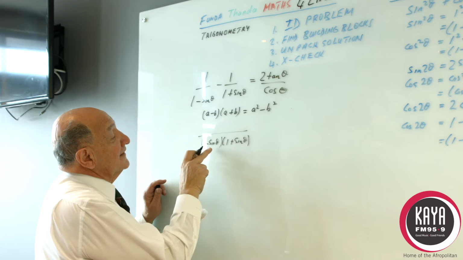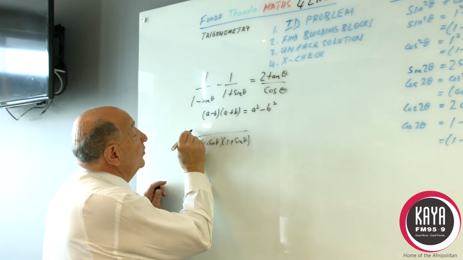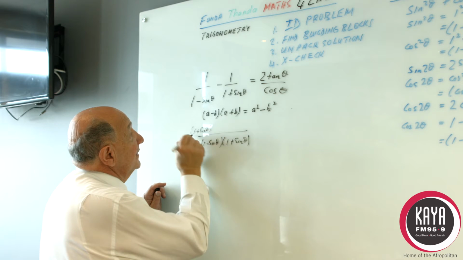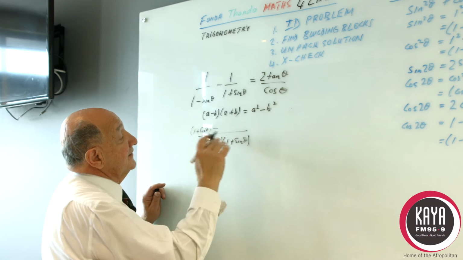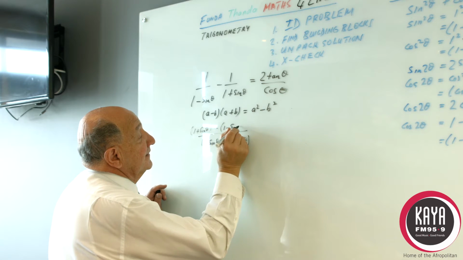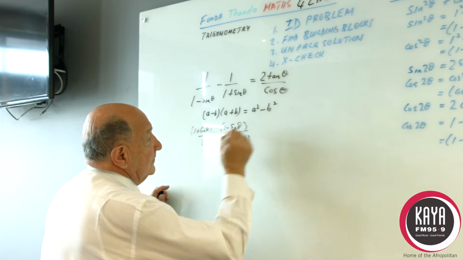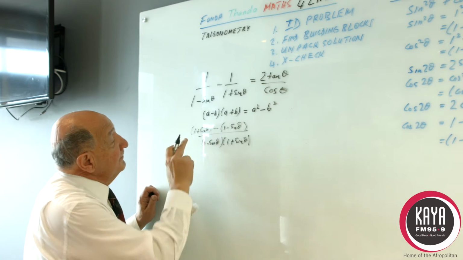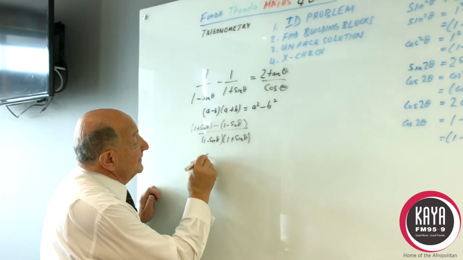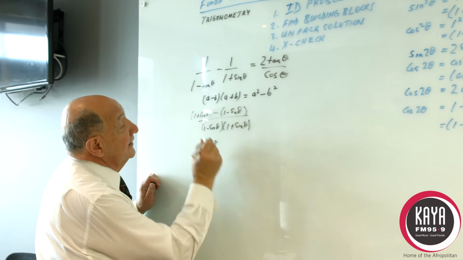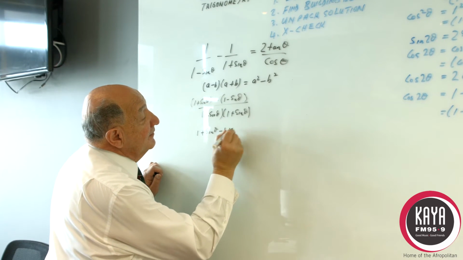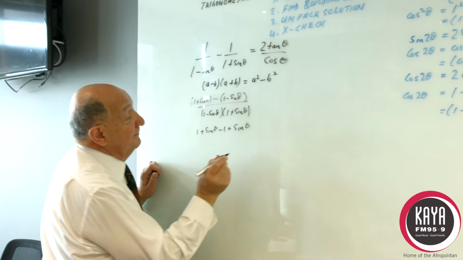So 1 over 1 minus sine theta goes into there, 1 plus sine theta, bracket, minus, 1 over 1 plus sine theta goes into there, 1 minus sine theta, close bracket. Okay, we unpack this, so it's 1 plus sine theta minus 1, minus times a minus is a plus, plus sine theta.